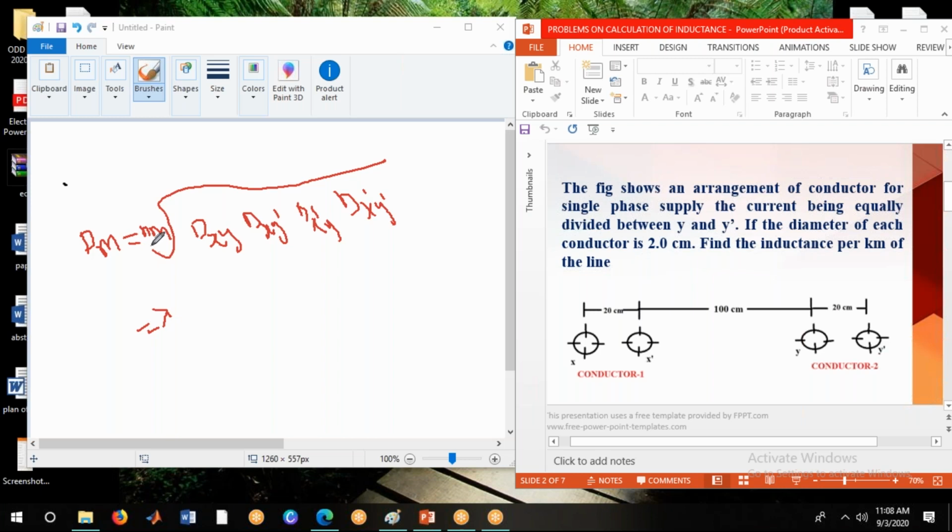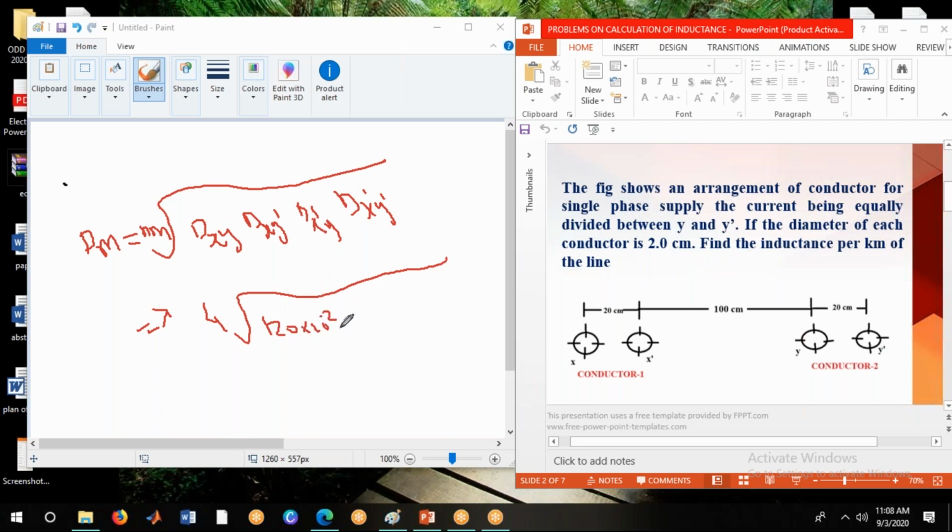With n equal to 2 and m equal to 2, the 4th root of what is the distance between x and y? 120 centimeters. Keep that in meters, so 120 into 10 power minus 2.